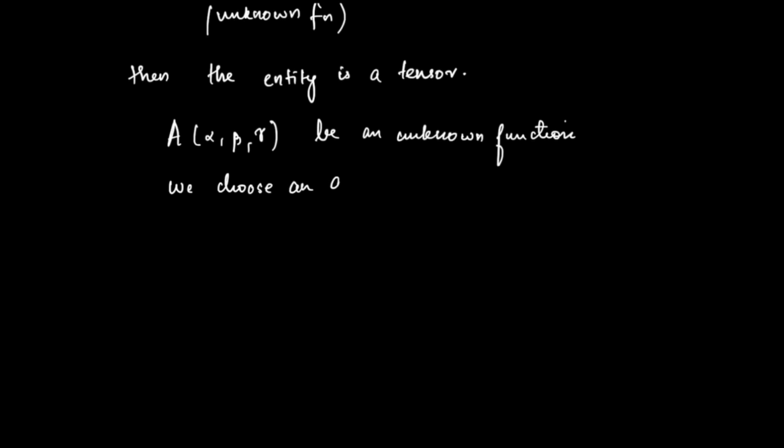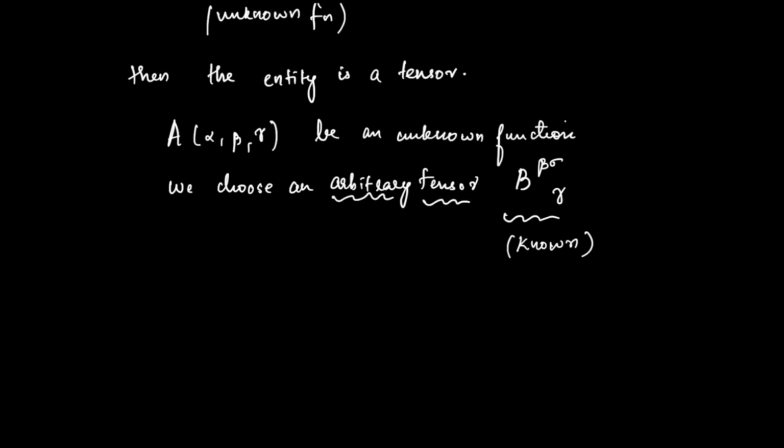We choose an arbitrary tensor B beta sigma gamma. This is a known, arbitrary tensor, while A alpha beta gamma is an unknown function.